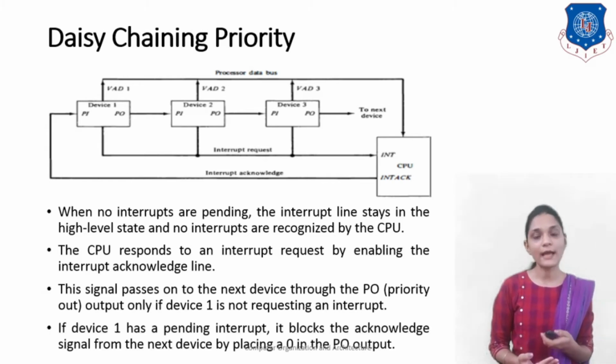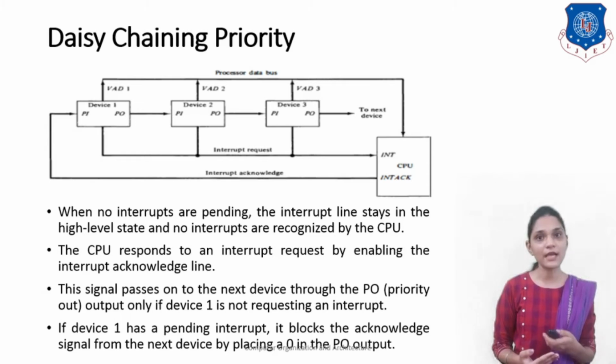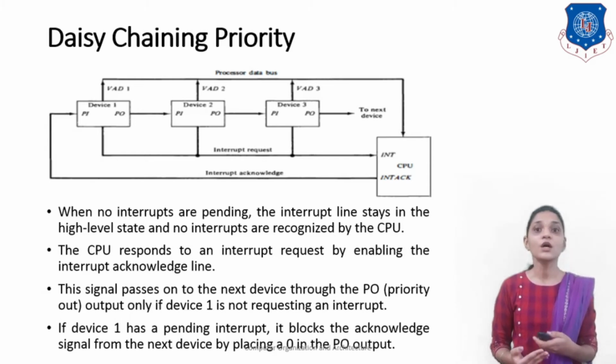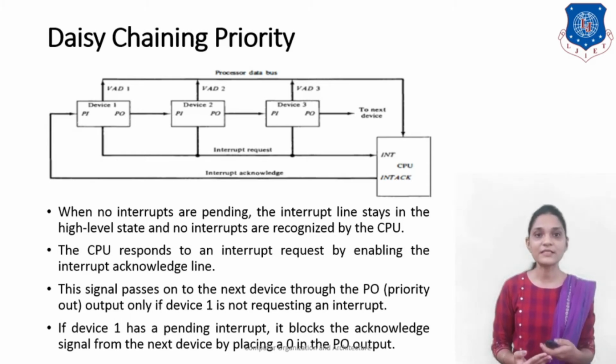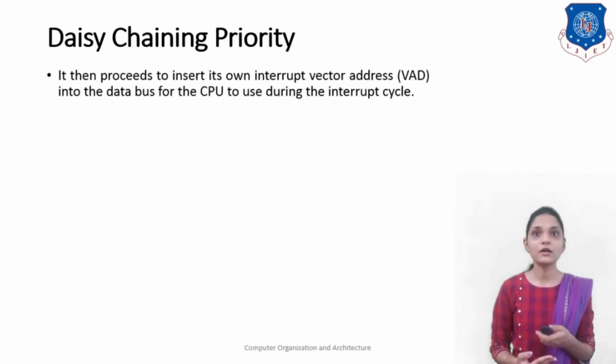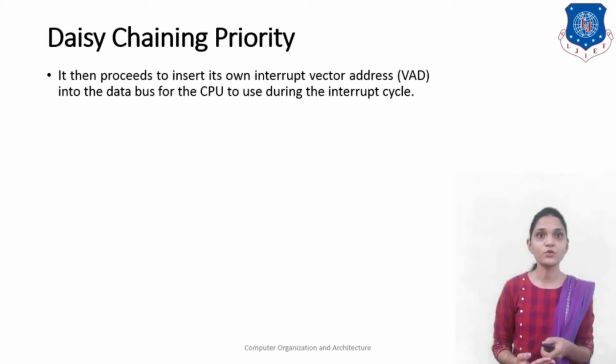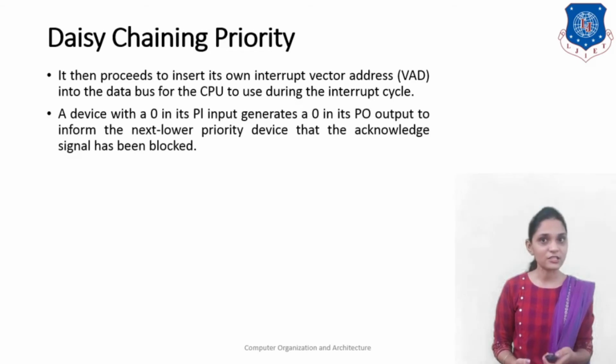If device 1 has a pending interrupt, it blocks the acknowledgement signal from the next device by placing 0 at the PO output. It then proceeds to insert its own interrupt vector address, that is VAD, into the data bus for the CPU to use during the interrupt cycle.